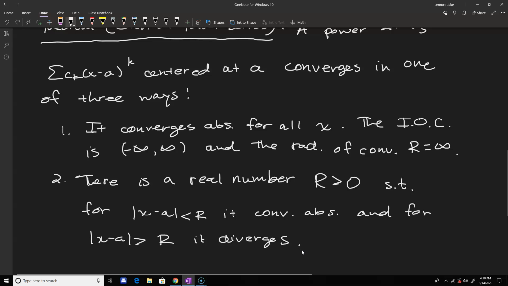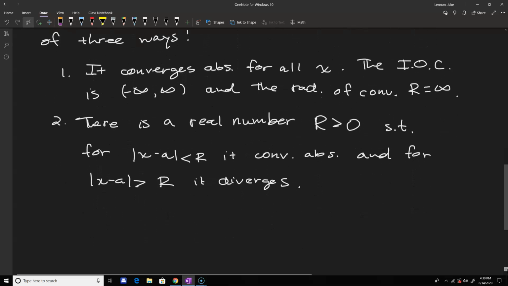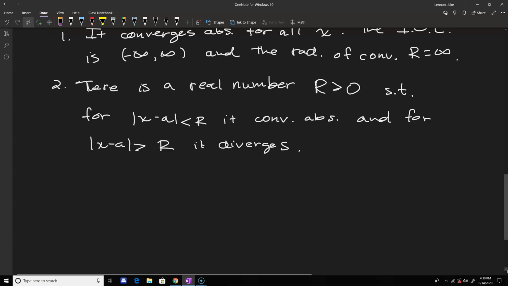Notice I didn't say anything about the exact boundary at R. If we're at R, it could either converge or diverge, and you have to plug in that point and evaluate that series with our several techniques.